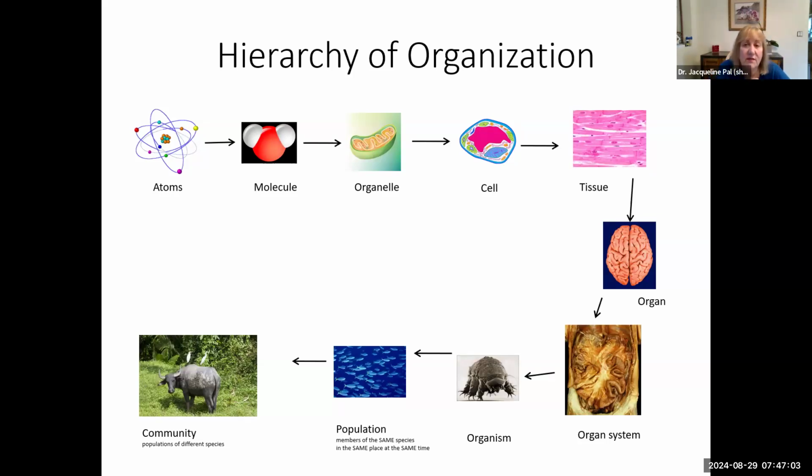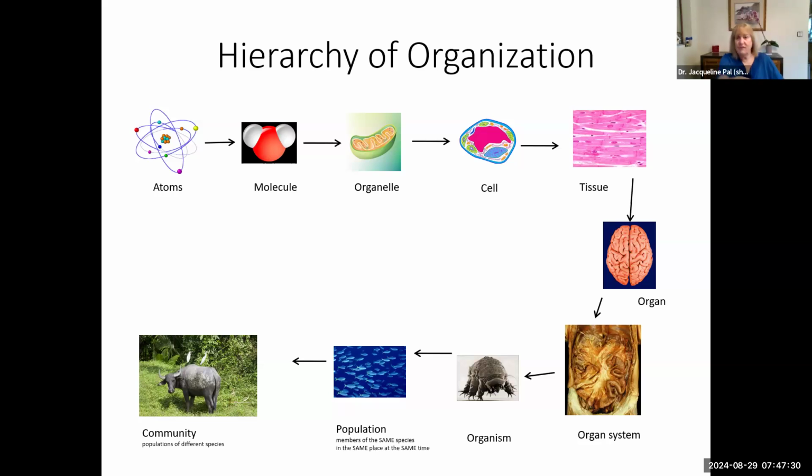So notice this natural science definition of a community is populations of different species at the same time. This is totally different than the social science definition of community. Okay? So make sure you understand the difference.